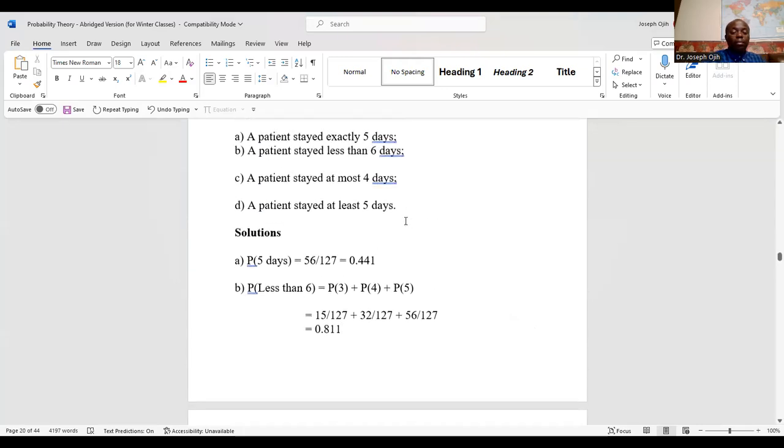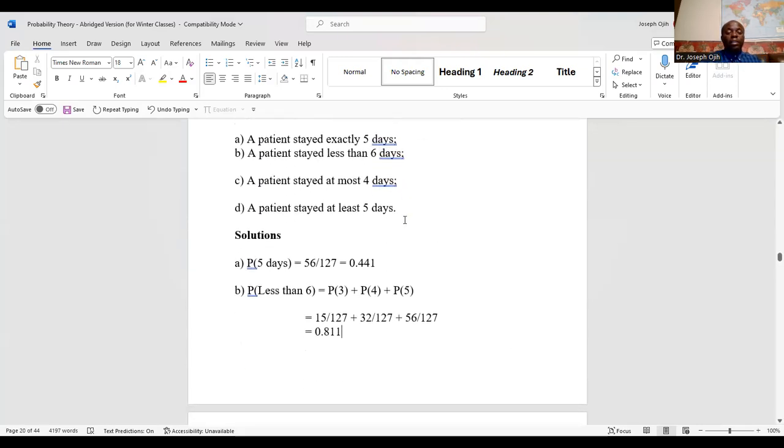So the probability that the patient stayed less than 6 days is 0.811, or 81.1% chance that they stay less than 6 days.